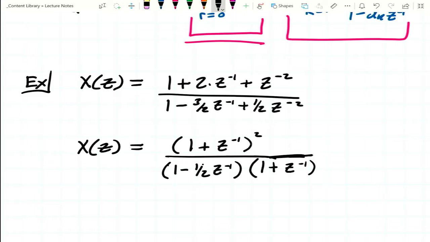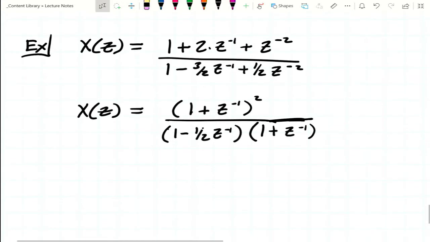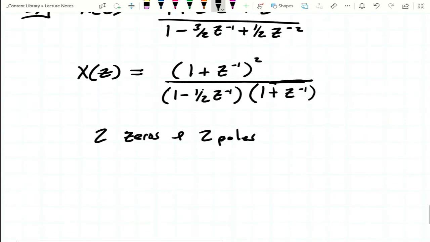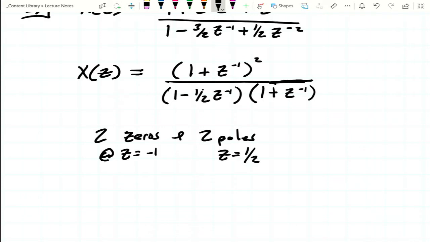All right. So what we have here is there are two zeros and two poles, right? So there are two zeros at, what, Z equals negative 1, and a pole at Z equals 1 half, and also at Z equals negative 1.